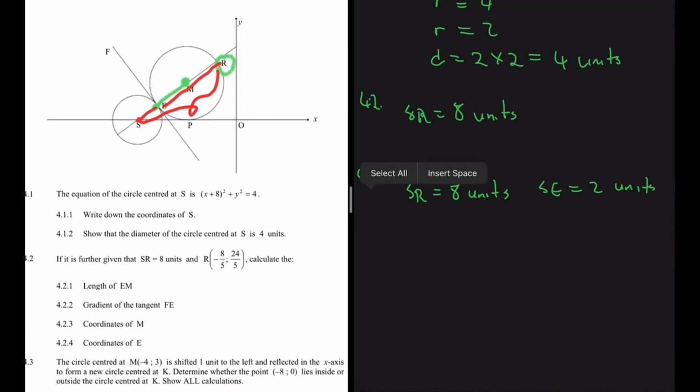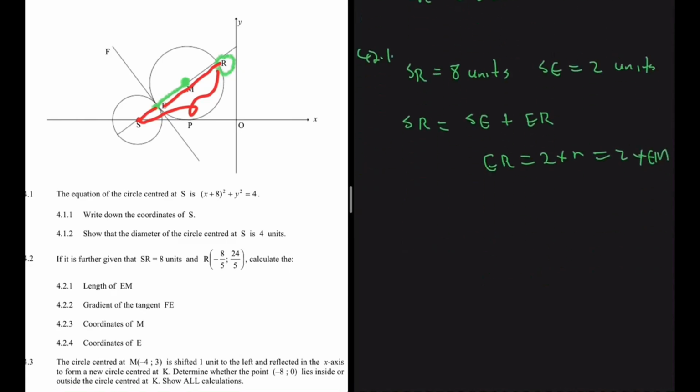What am I saying? I'm saying that SR, the entire distance from S to R, will be equal to SE, the radius of the small circle, plus ER, right? But you can see that ER is the diameter, so it will be equal to 2 multiplied by EM, what we are asked to find. So in place of SR, we can put 8 units.